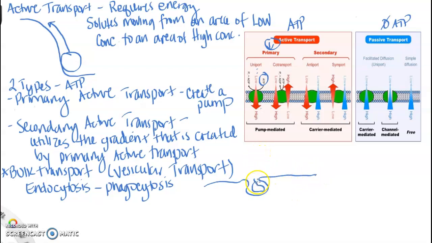So the plasma membrane engulfs the particle, and then brings it in and puts it in a vesicle. And then in that vesicle, it can secrete some enzymes that'll digest it.